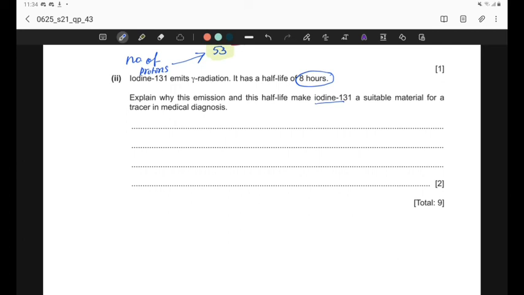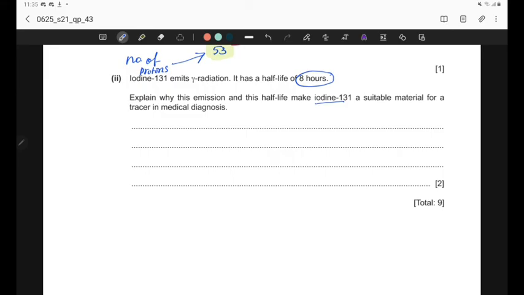So we need to explain why this 8 hours we can consider suitable for the diagnosis process. The first point we can write, we need a long enough half-life to be detected or to reach the parts of the body required. But we should not have a radiation which has a long half-life, then it would stay longer inside the body. That will also be dangerous.